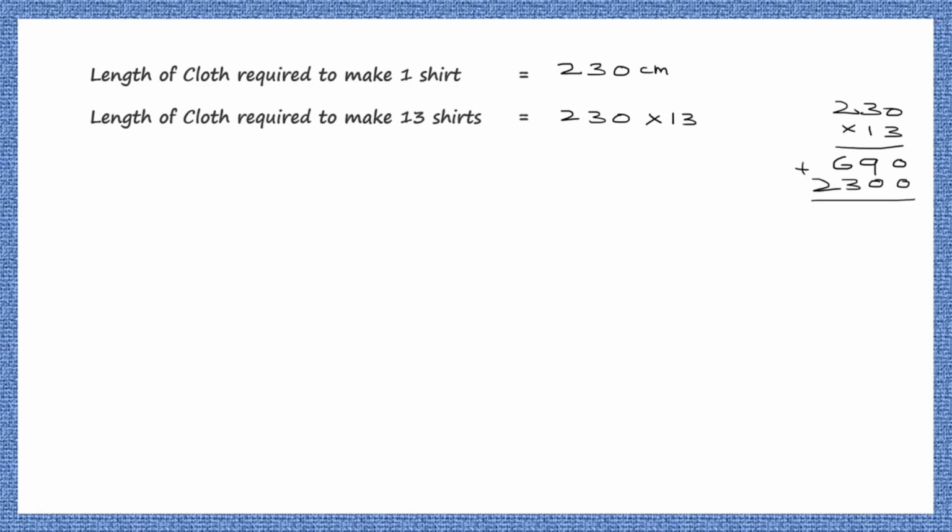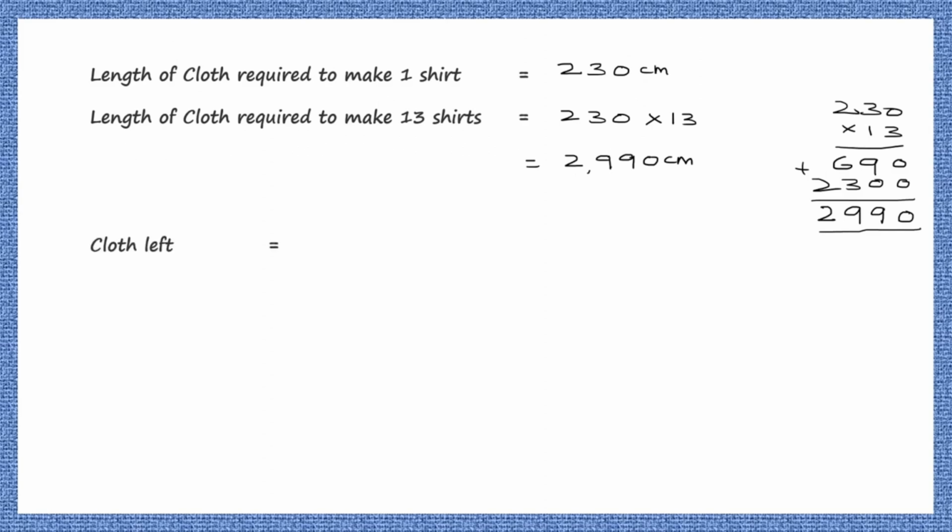Now let's add this up. So when you add, you get 9, 6 plus 3 is 9 and 2. So the cloth required to make 13 shirts is 2990 centimeters.